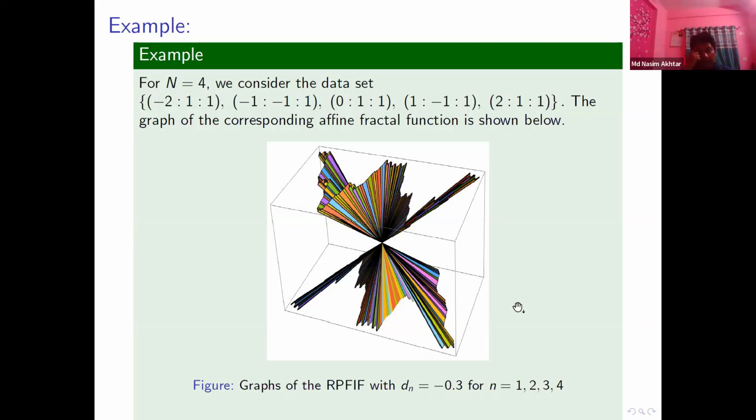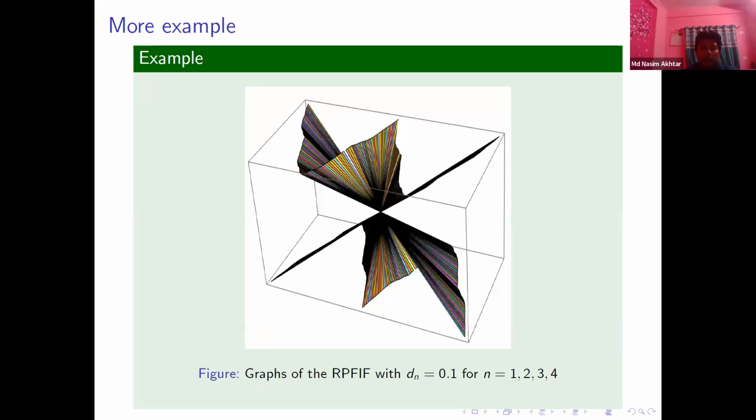If one takes a different scale vector, getting this graph is a little more difficult. And this is another example where we have taken dn equals 0.1. See here that the smoothness is better than earlier, depending on the scale vector.